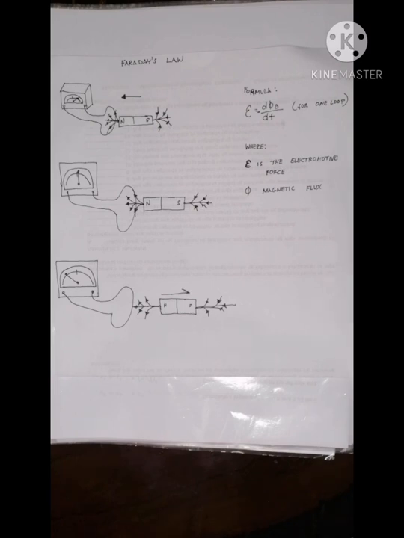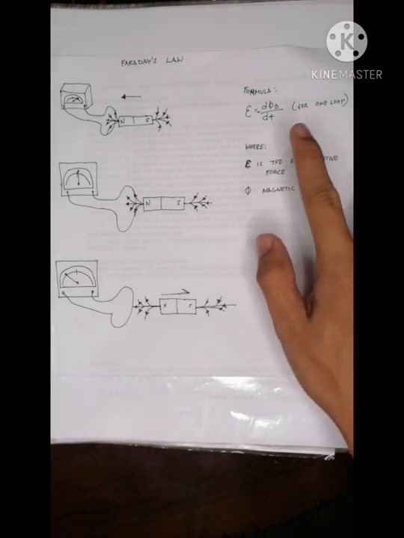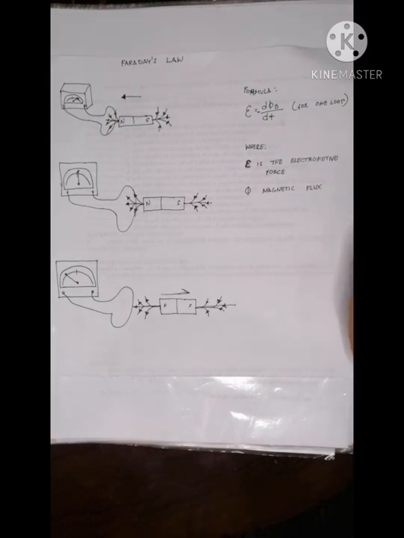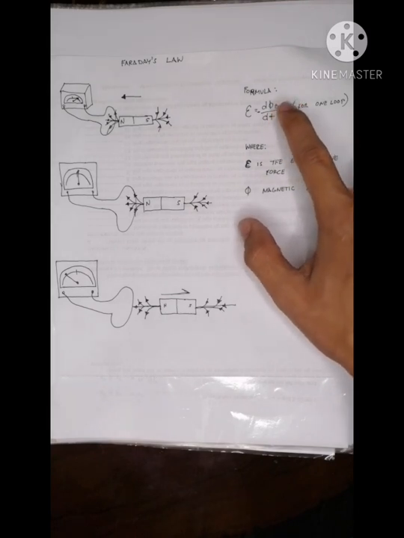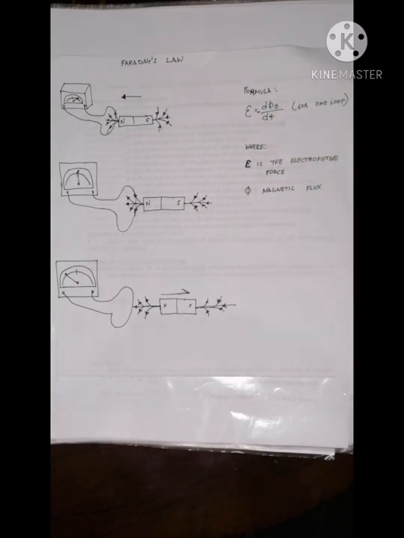Now, we have a formula where the electromotive force is equal to the change of our magnetic flux over a certain time.